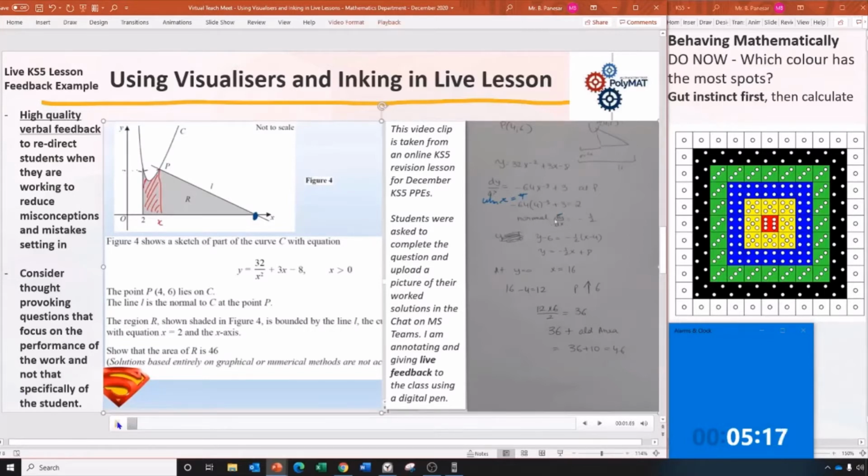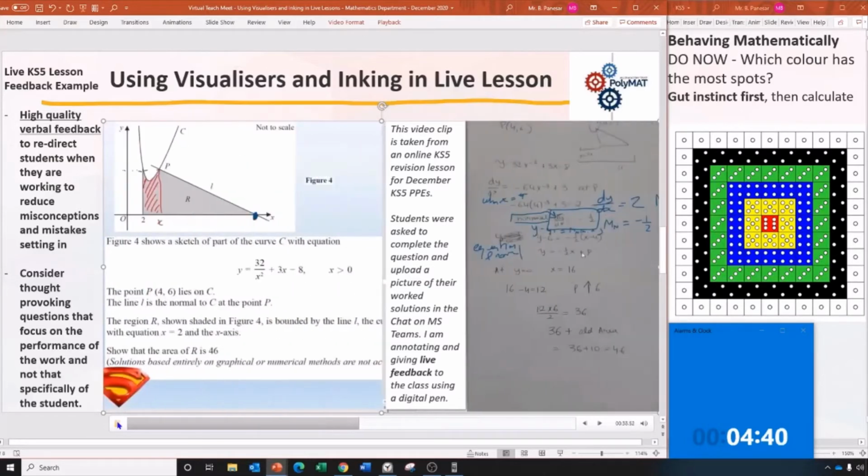There's no such thing as a normal dy by dx, this is not correct, okay? Because what you mean is that dy by dx is equal to 2, okay? So that's saying that the gradient is equal to 2. The normal you should be writing as m1 or mn. Mn is equal to minus a half, because this doesn't make sense. You see what I mean? I've never ever seen or written normal dy by dx, making something up there. So the way I would do it is dy by dx is equal to 2. Therefore, the gradient of the tangent is equal to 2. The gradient of the normal is equal to minus half.